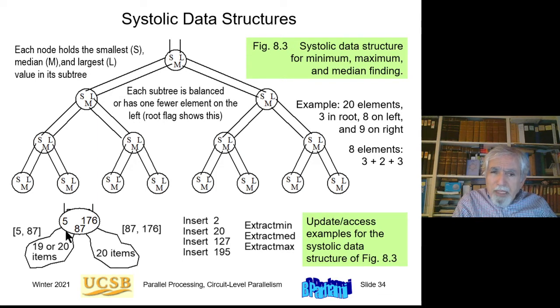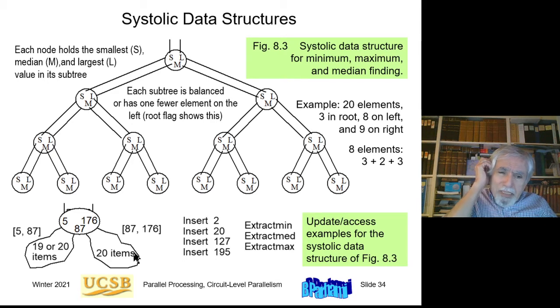So 5 is the smallest element overall, 176 is the largest, and 87 is the median. All the elements in the left subtree are between 5 and 87 inclusive, so they can equal 5, they can equal 87. They are in this interval 5 to 87. All the elements in the right subtree are in the interval 87 to 176.